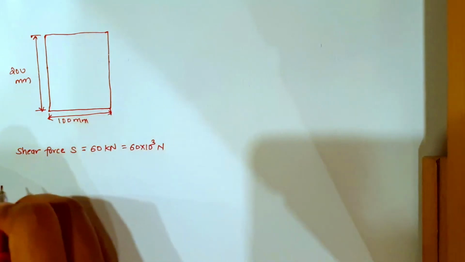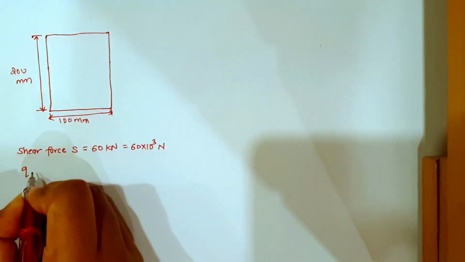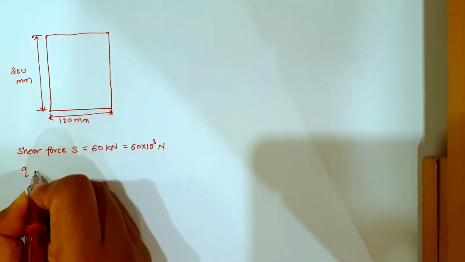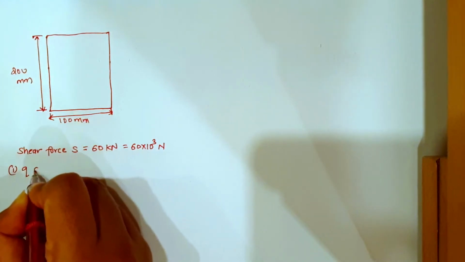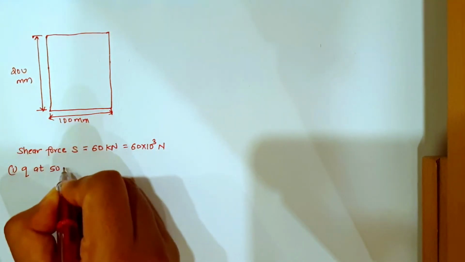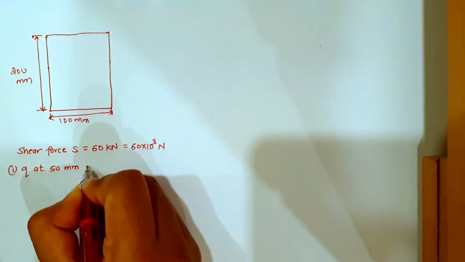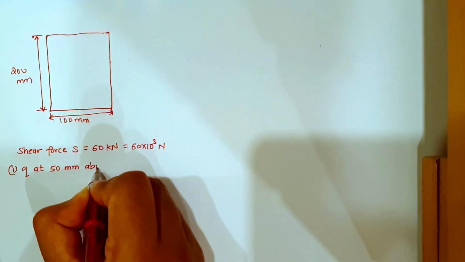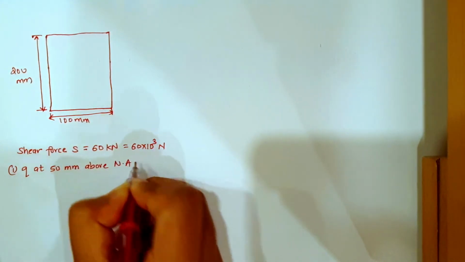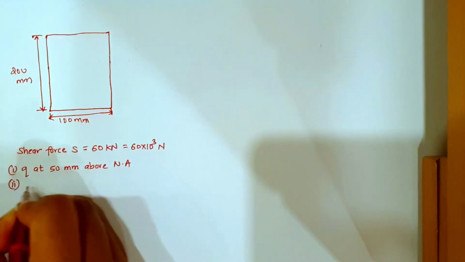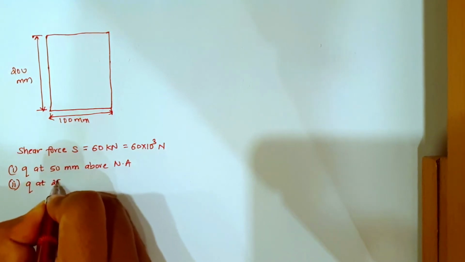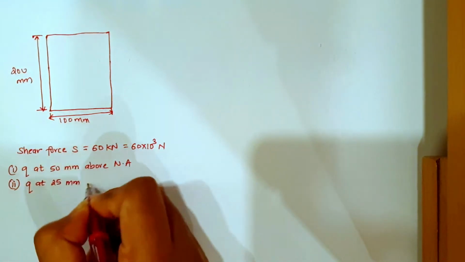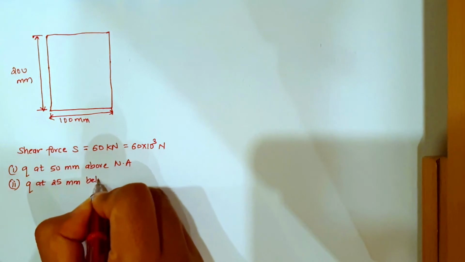Need to determine shear stress induced on a layer. First one, we need to find shear stress at 50 mm above the neutral axis, and second one, we need to find shear stress at 25 mm below the neutral axis.